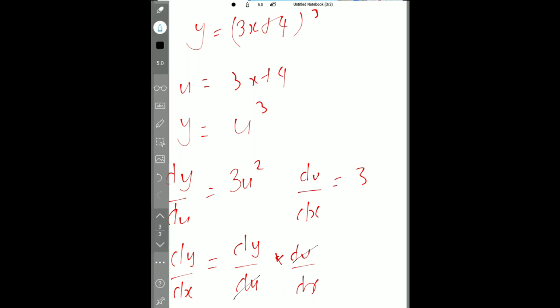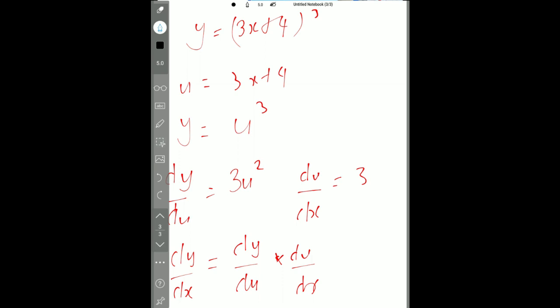Now I'm going to clear off those cancel signs because that is not the case. These are simply notations of the first derivative. They do not cancel, but I'm just saying this so that you can find an intuitive way of appreciating the concept of chain rule. So it's as though they cancel.